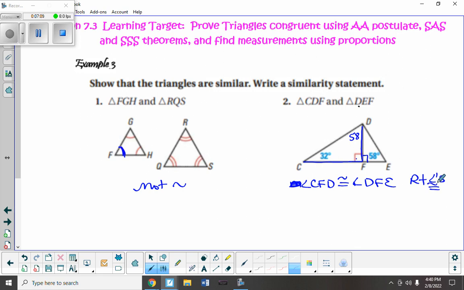And then the 58-degree angle right here would be angle CDF. So from C to D to F, that is congruent to angle DEF. And that is because they both equal 58.